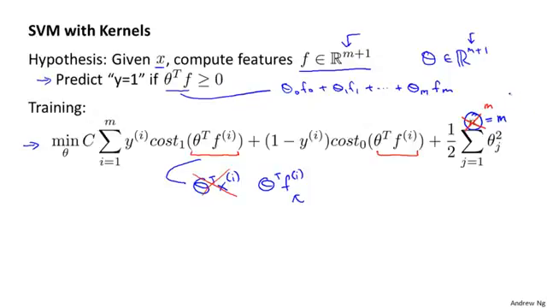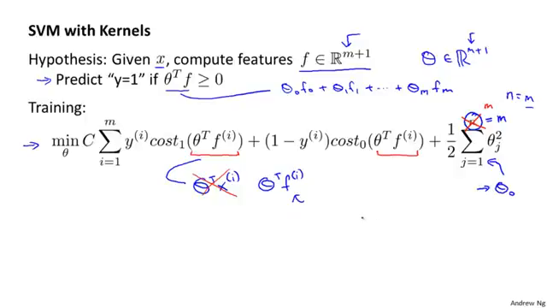If f is the new features, then we have n plus 1 features, with the plus 1 coming from the intercept. And here we still sum from j equals 1 through m, because similar to our earlier videos on regularization, we still do not regularize the parameter theta 0, which is why this is a sum from j equals 1 through m instead of j equals 0 through m.